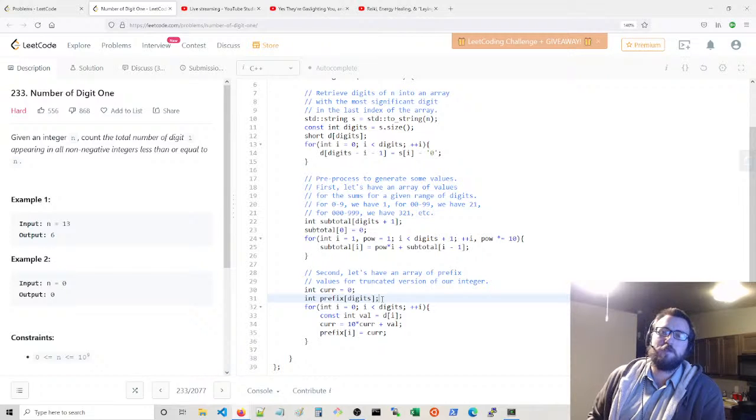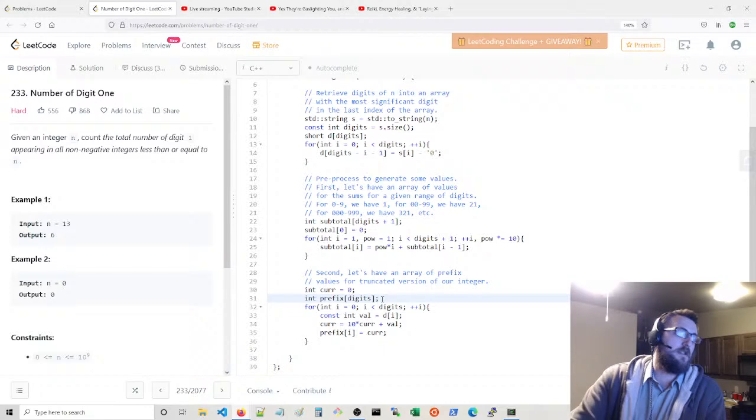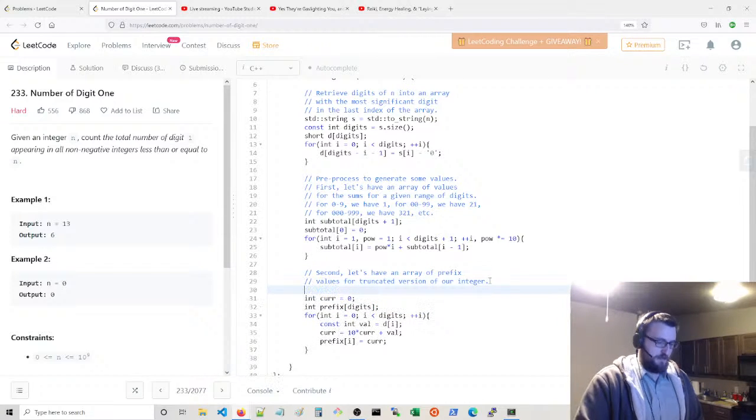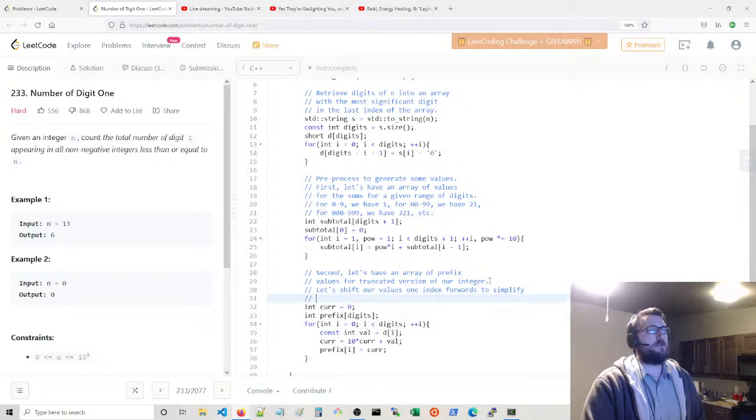So 0, we get 0. 1, we would get prefix of 1, which is to the right one. So let's shift our values 1 index forwards. Simplify logic later on. So we're going to say 1 less than or equal to the digits.